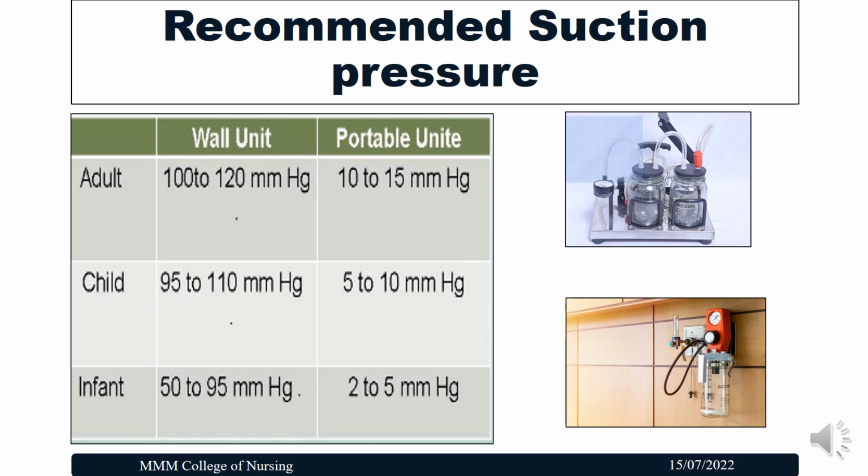For children, if it is wall mounted, 95 to 110 mm of Hg, and for a portable type, it is 5 to 10 mm of Hg. For infants, for the wall mounted unit, it is 50 to 95 mm of Hg, and for a portable unit it is 2 to 5 mm of Hg. So always we should maintain the pressure. If we are not maintaining adequate pressure, it can cause damage to the laryngeal tissues.